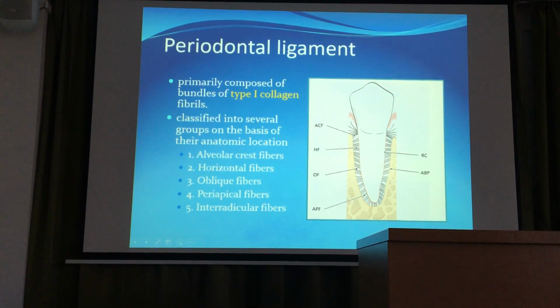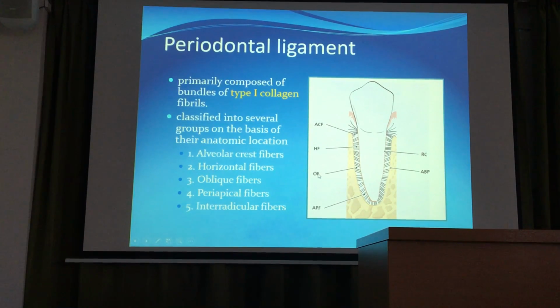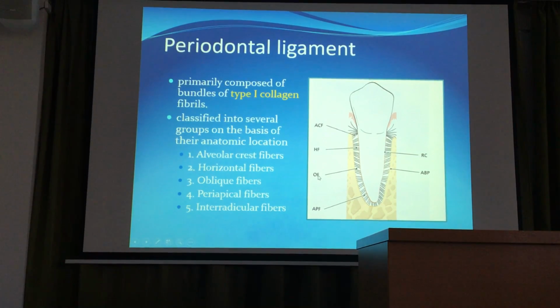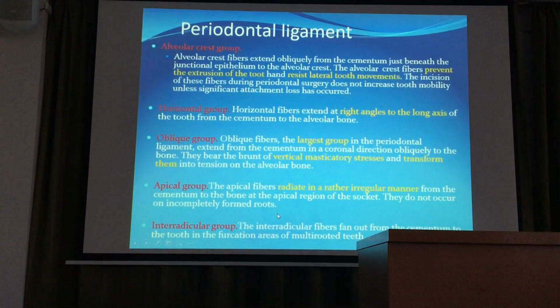You have to know these five groups: the alveolar crest fibers, horizontal fibers, oblique fibers, which are also called Sharpey's fibers, and I think it's not new information for you, and the periapical and interradicular fibers in multirooted teeth.